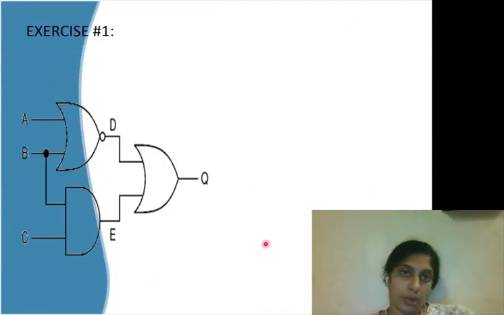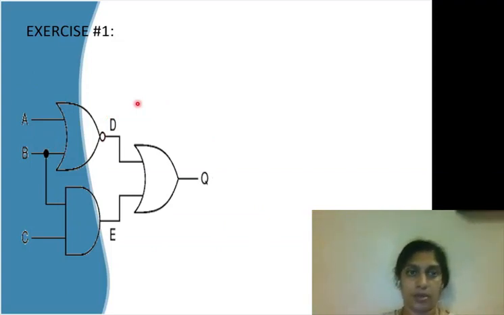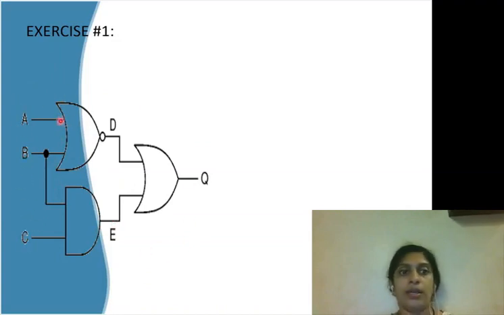So now I am going to give you some exercises on the basic idea and writing the truth tables. In this, you will be seeing a logic circuit on the screen. You all take it down. We have 3 inputs and one final output.